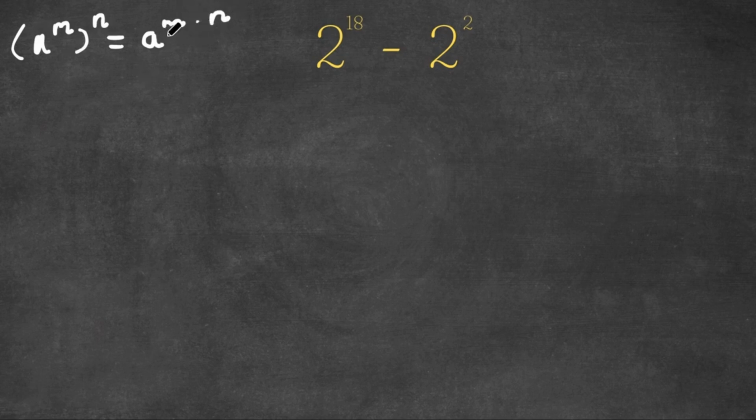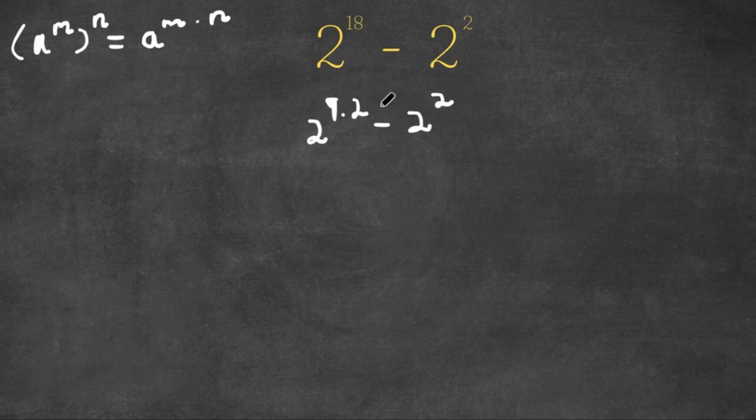If we have something in the form a to the power of m times n, this can be written as a to the power of m to the power of n. So as you can see here, we have 2 to the power of 18, and 18, this can be written as 9 times 2, right? So now we have 2 to the power of 9 times 2 minus 2 squared.